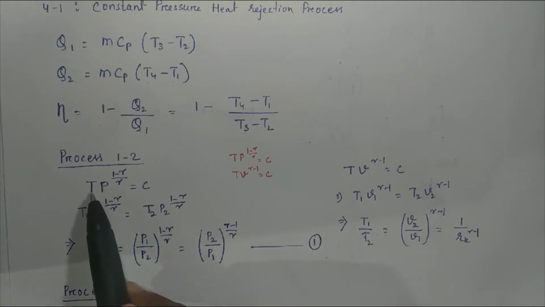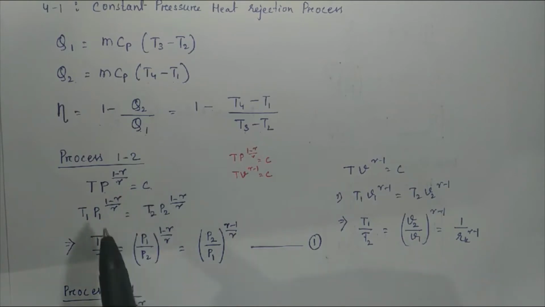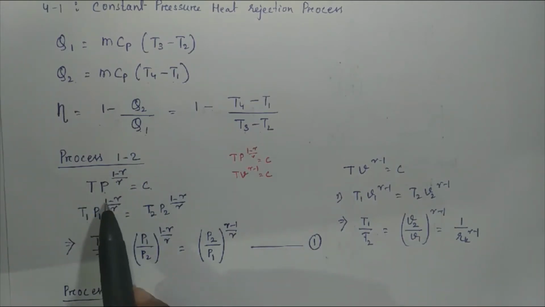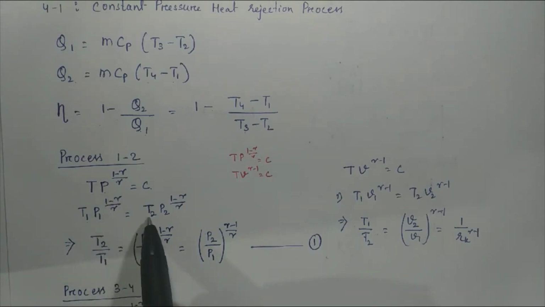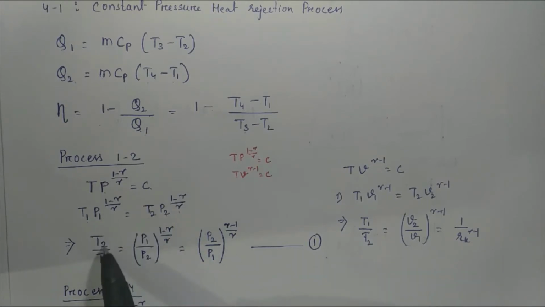First we consider T p to the power (1 minus gamma) by gamma equal to constant. For the 1 to 2 process, T1 P1 to the power (1 minus gamma) by gamma equals T2 P2 to the power (1 minus gamma) by gamma. Rearranging, T2 by T1 equals P1 by P2 to the power (1 minus gamma) by gamma.